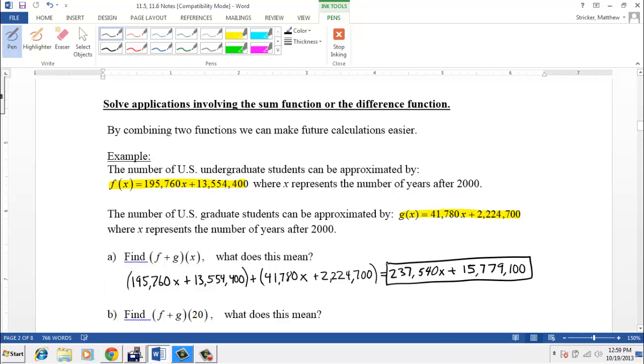Now what does that mean? If f is the number of undergraduate students and g is the number of graduate students, what does this mean?